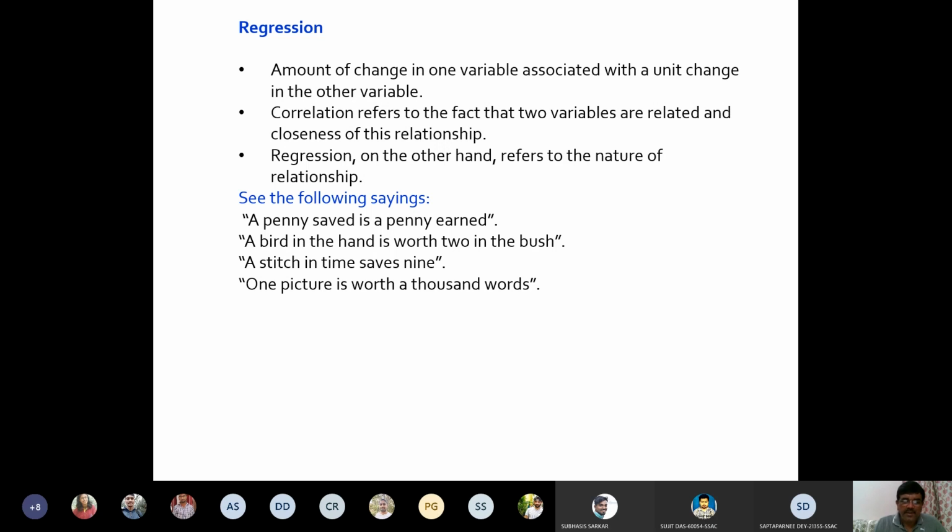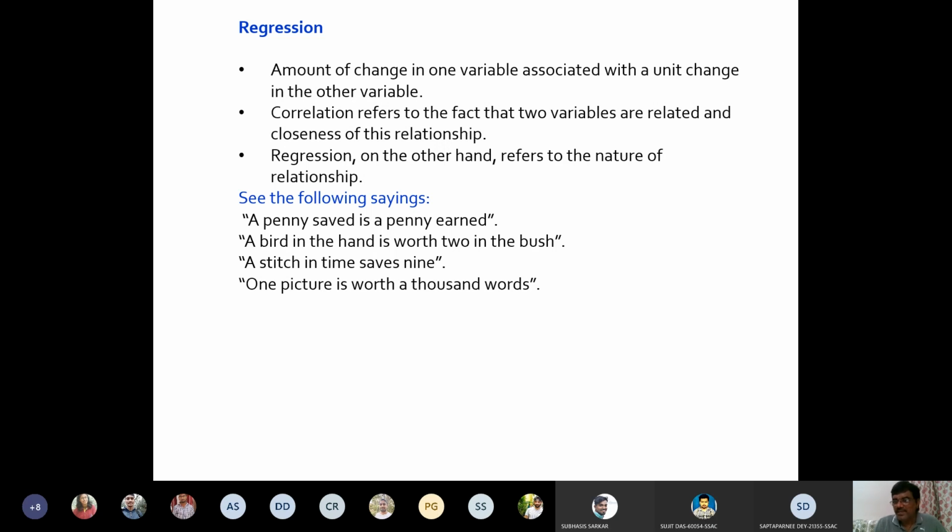What is regression? Many times teachers ask what the difference is between correlation and regression. You can remember the first line: the amount of change in one variable associated with a unit change in the other variable.